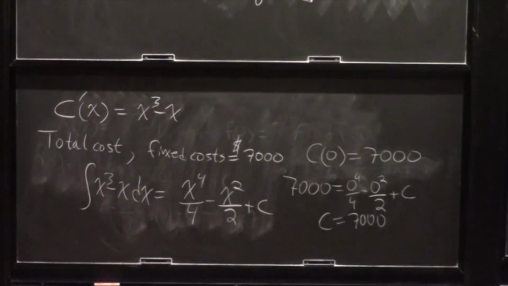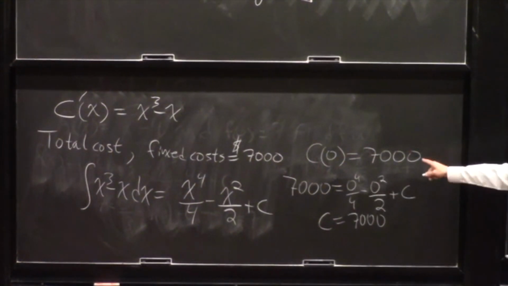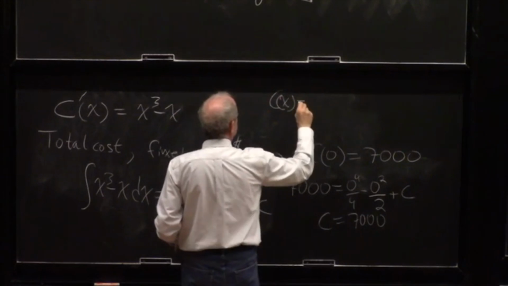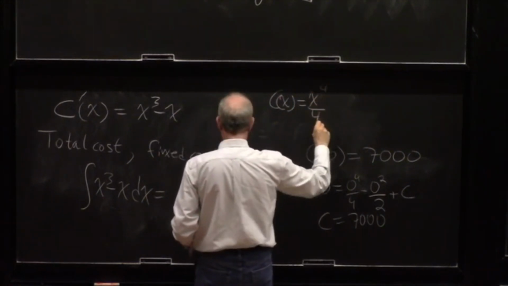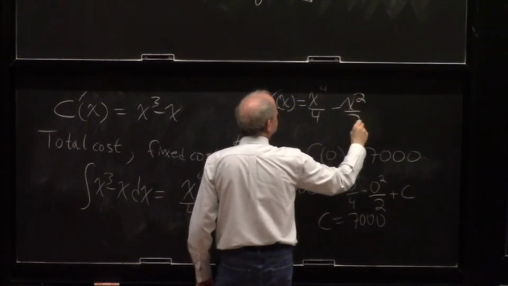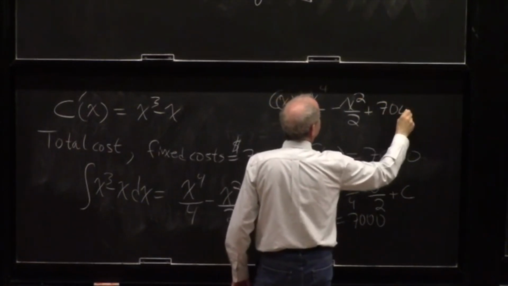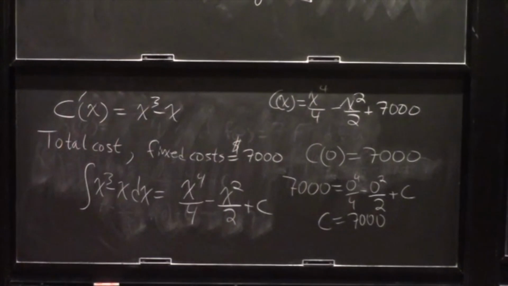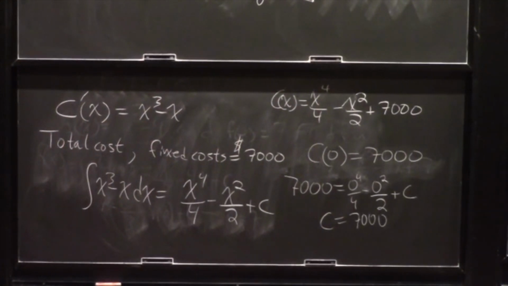It doesn't always work out that this will turn out to be the constant, like it didn't here, so be careful. And that tells you, therefore, that your cost function is x to the 4th over 4 minus x squared over 2 plus 7,000. That's unrealistic because the costs go up very fast. It says you have a crappy manufacturing process.